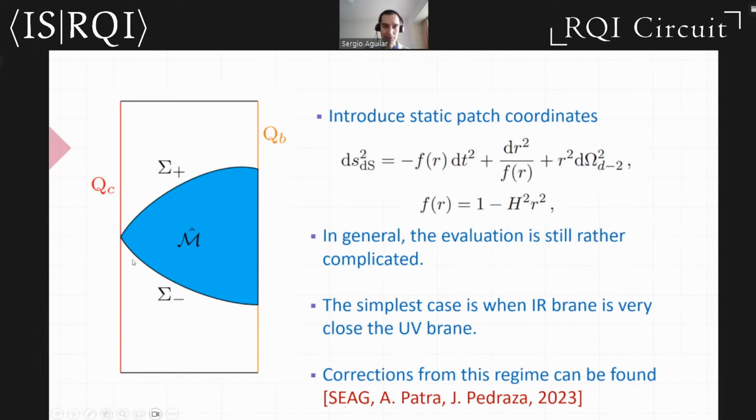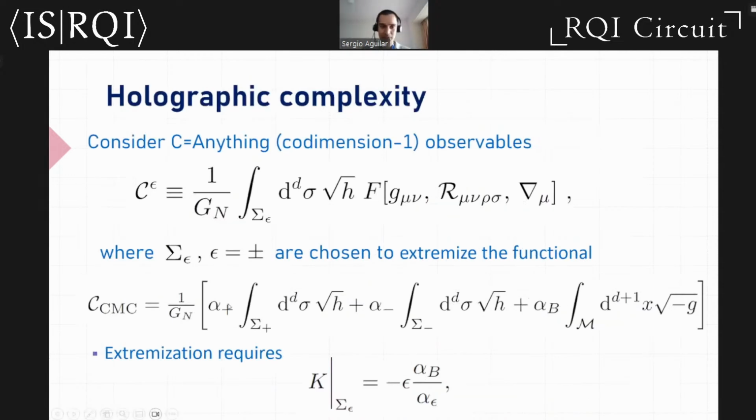Basically, here we have the UV and the IR branes, and in between we have the global AdS. There is some bulk region that is delimited in the past and the future by these two slices, and we want to define the location of these slices using the extremization of some function.